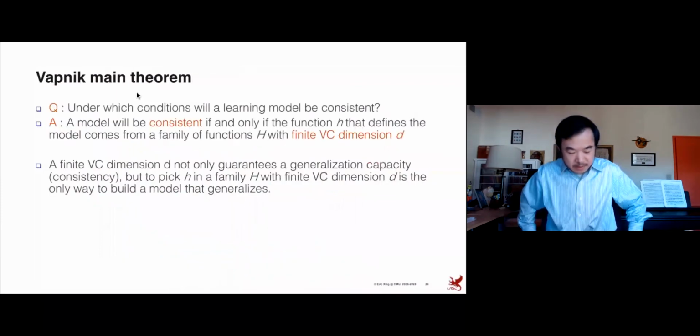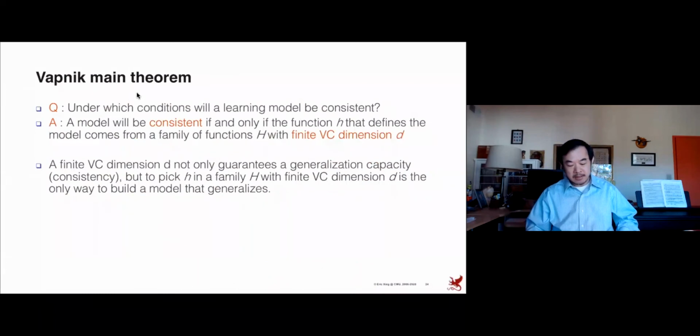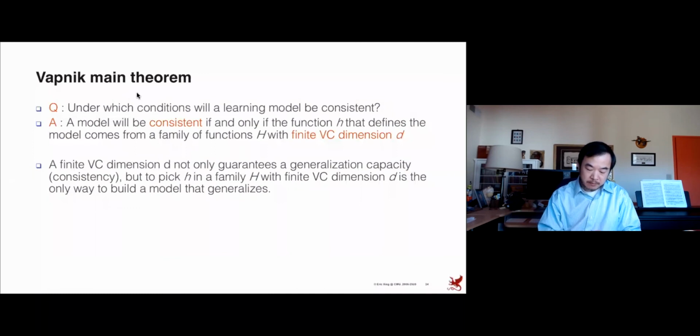In Vapnik's theorem, there are some guidelines about where you could expect the phenomenon of consistency to happen. It's not a guarantee, but at least you can rule out situations where you should never expect the outcome to be consistent. So here is the first question: under which condition will a learning model be consistent? The answer gives you a necessary and sufficient condition.